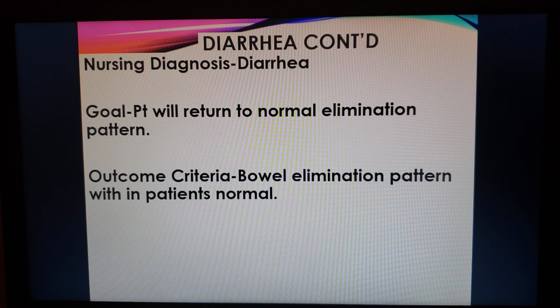Just looking at the nursing diagnosis diarrhea, a goal we would want to implement for a patient with diarrhea would be patient will return to normal elimination pattern, and we would assess that by assessing to see if the patient's elimination pattern has returned to normal.